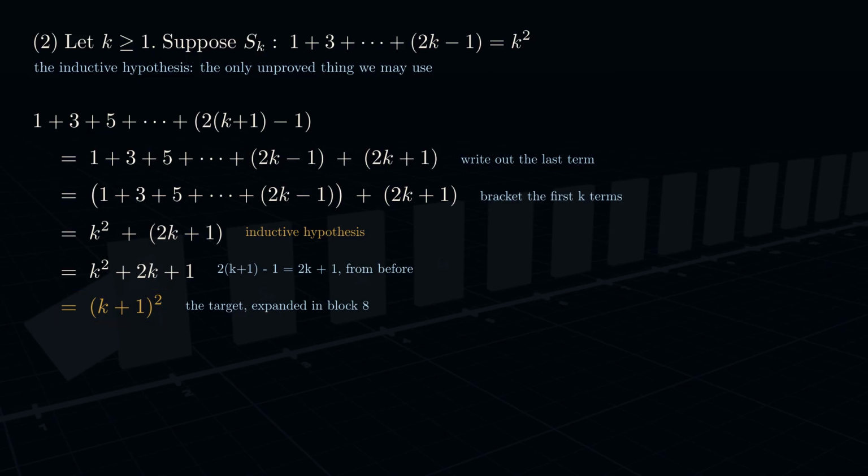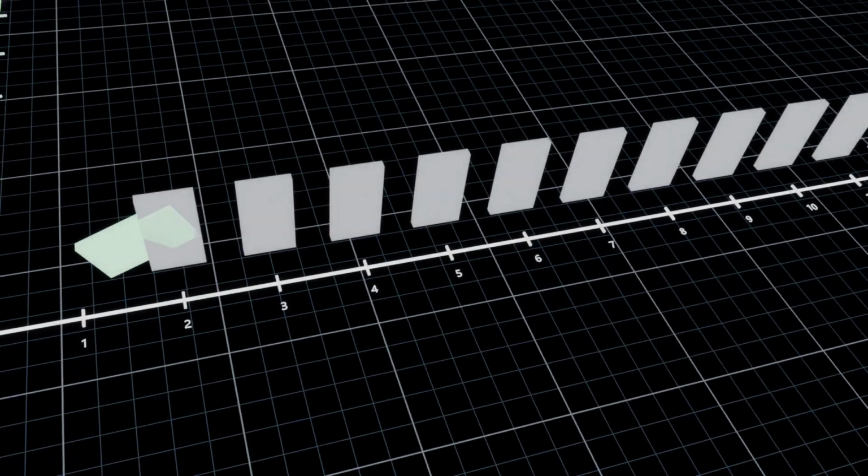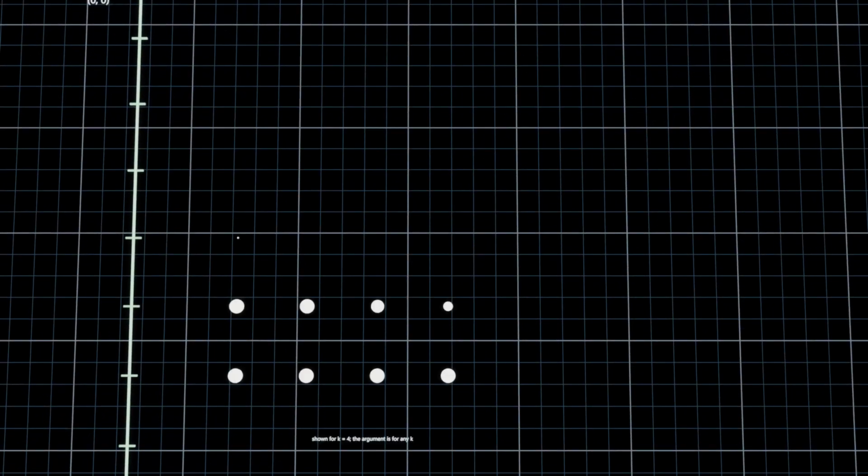Now let me show you why that last line is true, and not just that it checks, because I want this to be a thing you see. Look at the plane. Here is a square of dots, k dots by k dots. Its count is k squared. That is the inductive hypothesis sitting on the ground. Now add the next odd number, 2k plus 1 dots.